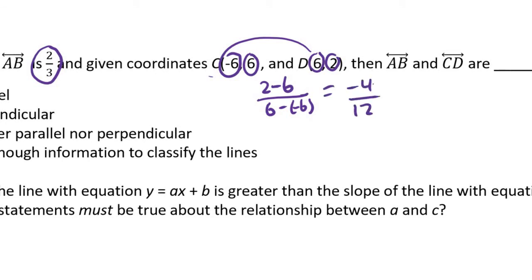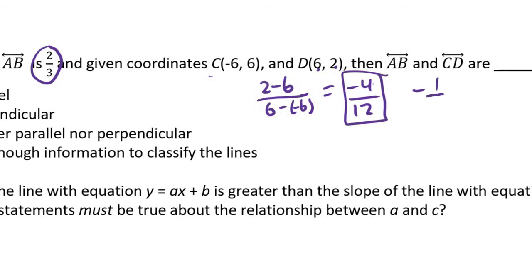Now, if you're going to do this very fast on your ACT, you don't need to do a lot of writing. 2 minus 6, you can just put negative 4 straight away. And then 6 minus negative 6, because it's a negative following each other, it's going to be 6 plus 6 is 12. This will be the only thing you are writing down. And then you can just simplify it as negative 1 over 3.